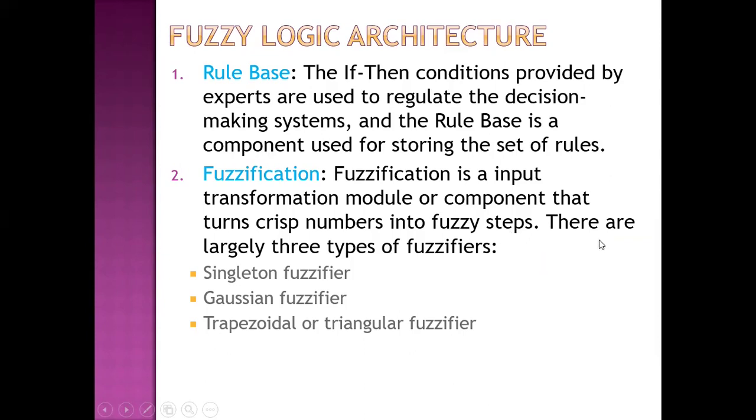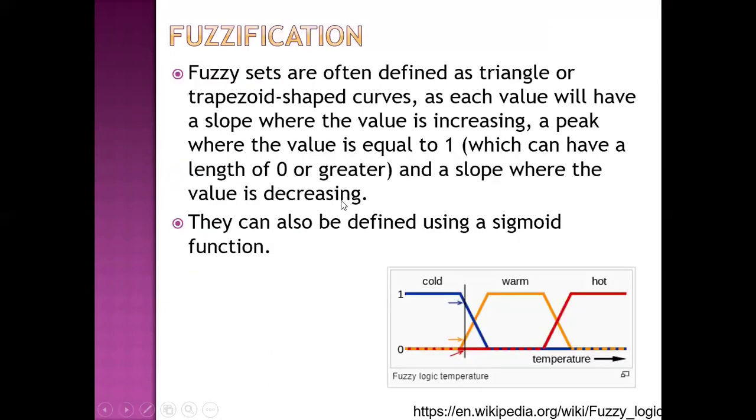There are largely three types of fuzzifiers: singleton fuzzifiers, Gaussian fuzzifiers, trapezoidal fuzzifier, or triangular fuzzifier. I have talked about triangular fuzzy numbers and trapezoidal fuzzy numbers in my previous lecture. And this is about fuzzification.